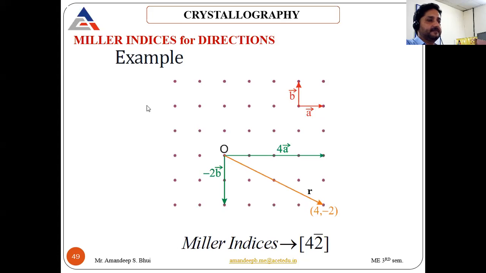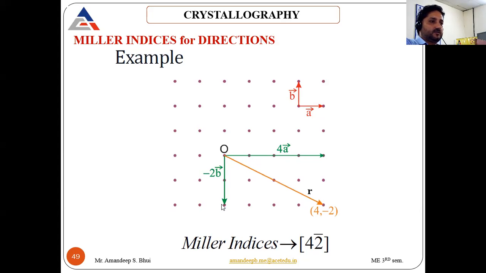Now let us take an example here. We have this point 0 here, and we want to calculate the value of this vector r, that will be the Miller indices for this vector r. Now we can see that in this x direction its value is 4a, and in the y direction its value is minus 2b.